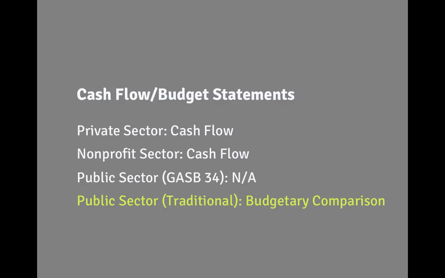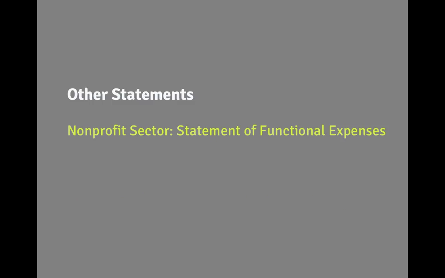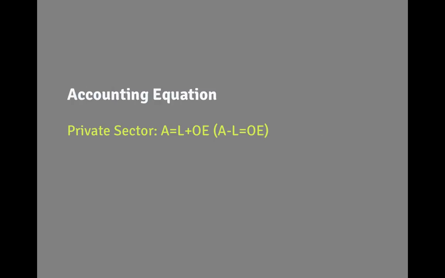The traditional public sector has a budgetary comparison statement, again following the notion of stewardship, helping you to determine if the public's monies were spent appropriately. The nonprofit sector has one other statement known as a statement of functional expenses. That's important for that sector.